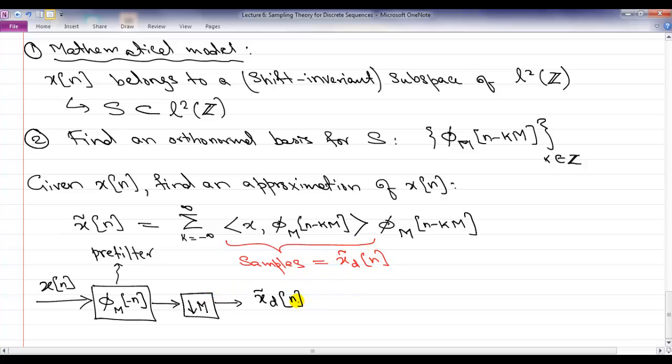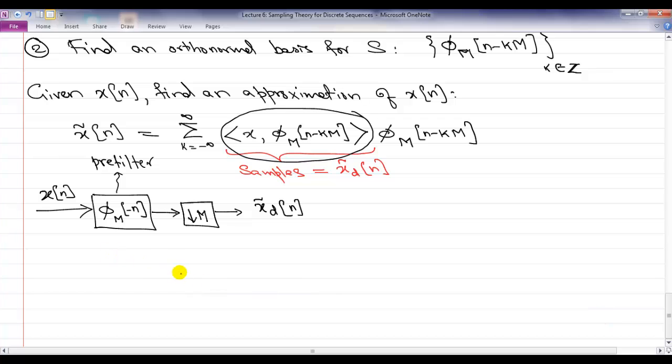The next question becomes, how do you reconstruct this sequence x tilde of n from x tilde d of n? And that is, of course, given right here. These are your samples. You simply multiply them with phi m of n minus km and you take the summation. So let's see how we can write that further. If you want to get back x tilde of n, we can write this as the summation over k from minus infinity to infinity of x tilde d of n times phi m of n minus km.